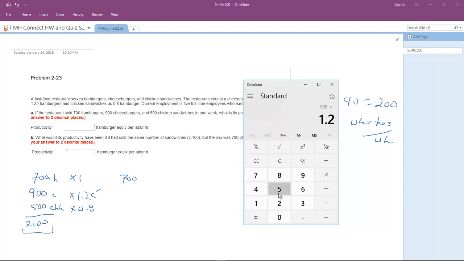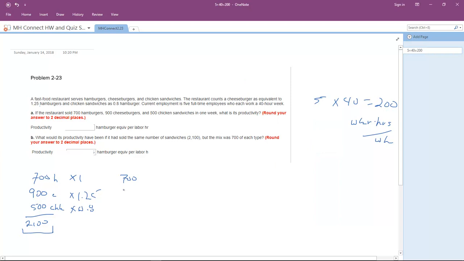I don't trust myself winging this on the fly, so I want to make sure we get the right answers. And we come up with 1125 equivalent hours for the cheeseburgers, and then 500 times 0.8. We should be able to do that. That's 400.